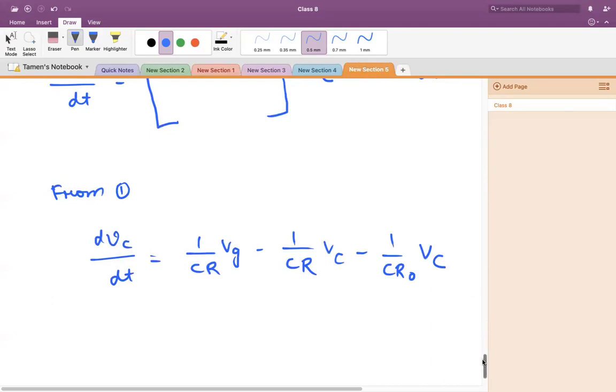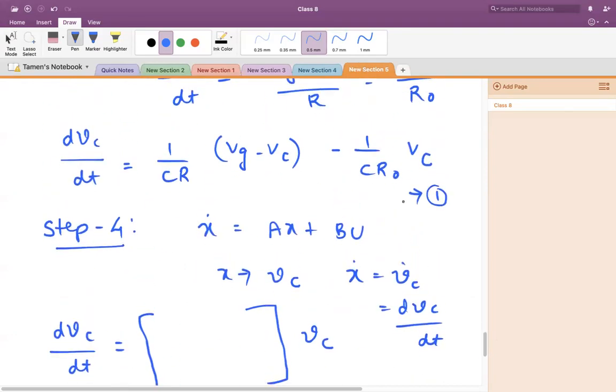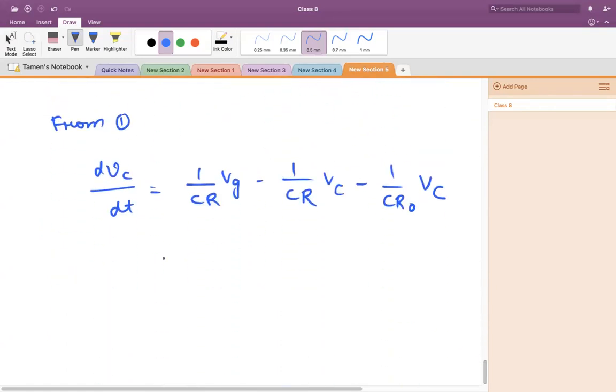I have just expanded this equation. So now this part we will take common, that is minus 1 by CR minus 1 by CR0 into Vc plus 1 by CR into Vg.